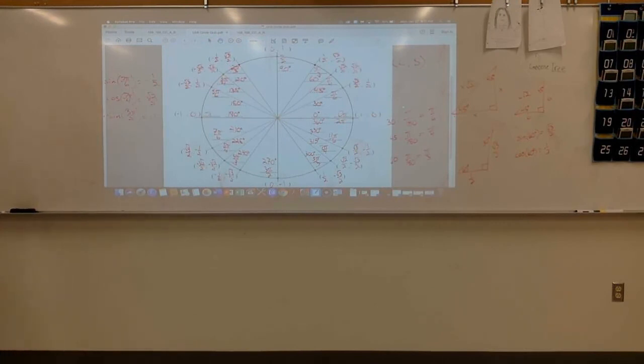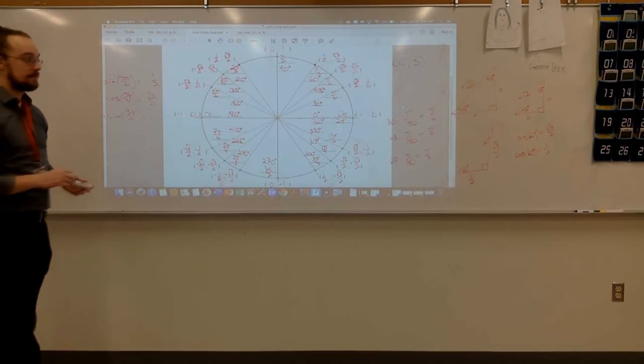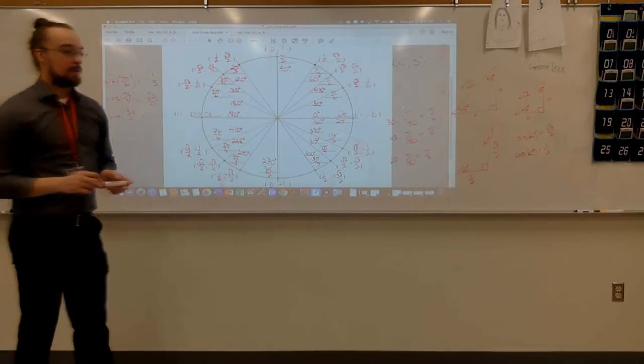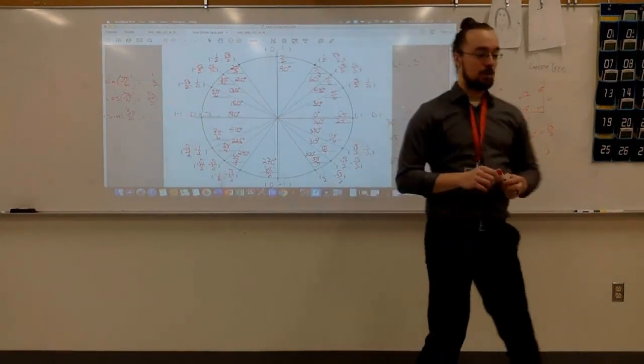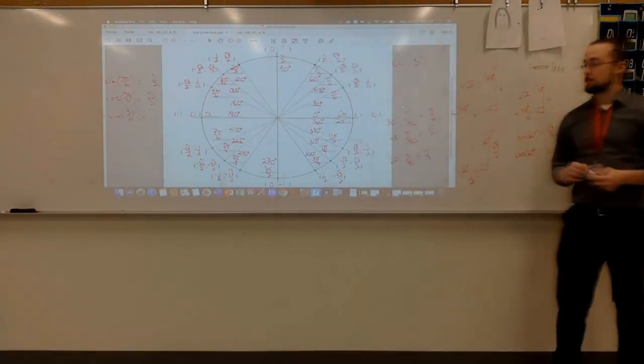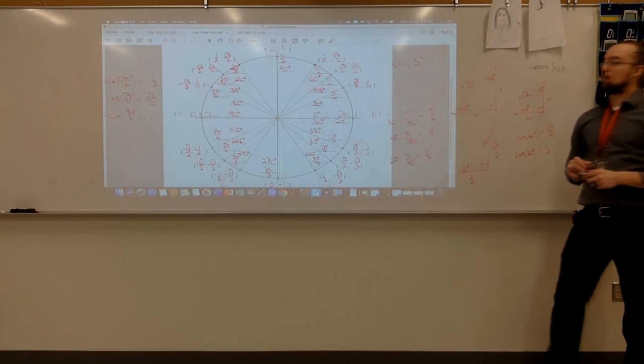Do we have to know how to get the values for those triangles, the 30-60-90 or the 45-45-90, or can we just memorize the actual sine and cosine values for the circle?